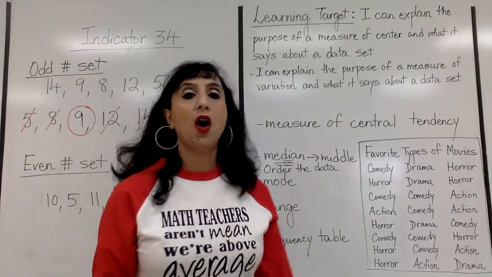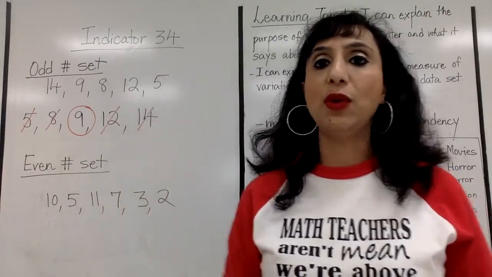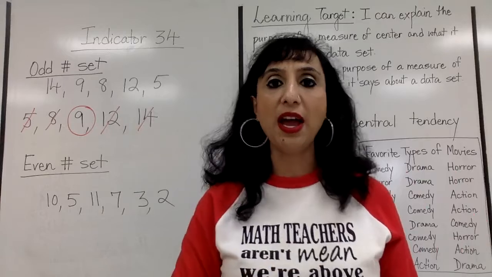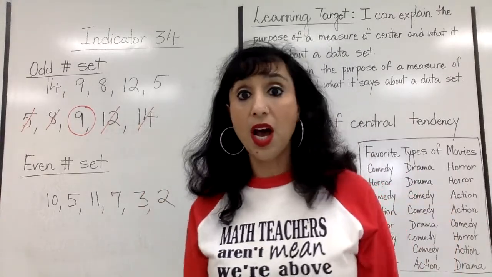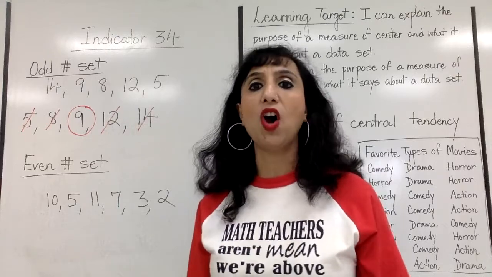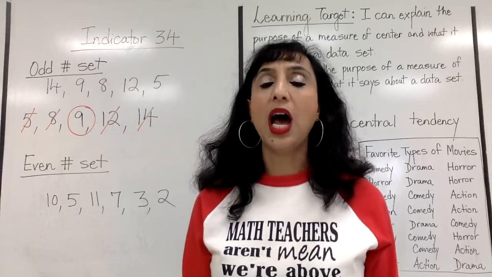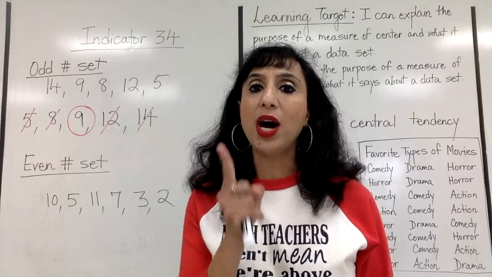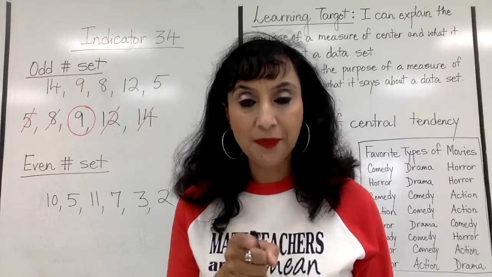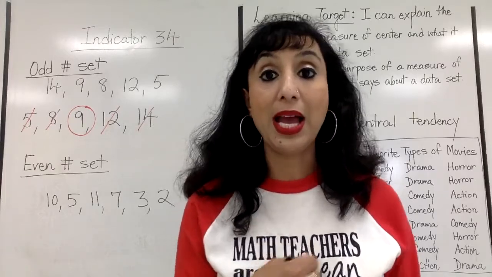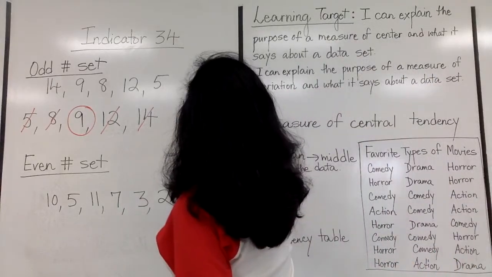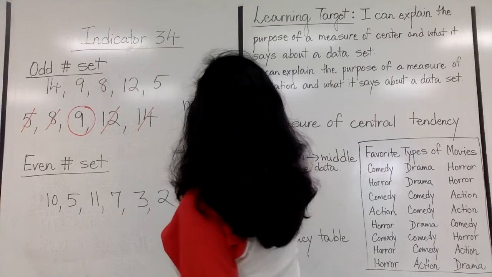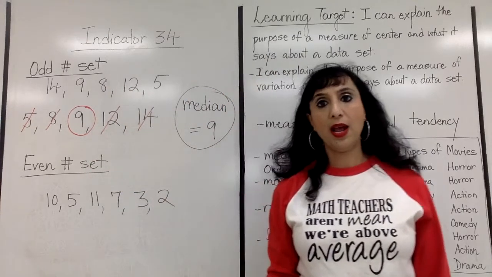Odd number sets are sets in which I will have 3 numbers, 5 numbers, 7 numbers, 9 numbers, 23 numbers. Whenever I have an odd number set, I am going to get only one number in the middle. And that number is my median. Like in this case, my median is 9.